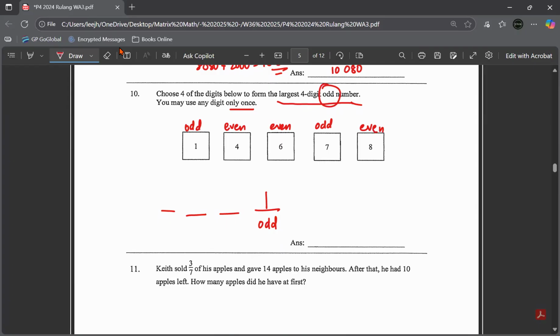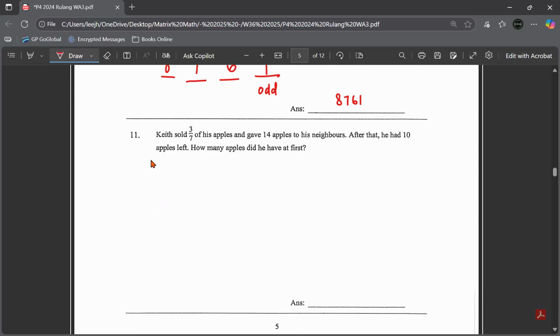So the greatest digit out of all 5 is 8, followed by 7, then 6. So answer is 8,761. Because I want the largest one. So after you got the final digit as the odd number, then the rest you just arrange accordingly from big to small. Okay. Question 11.